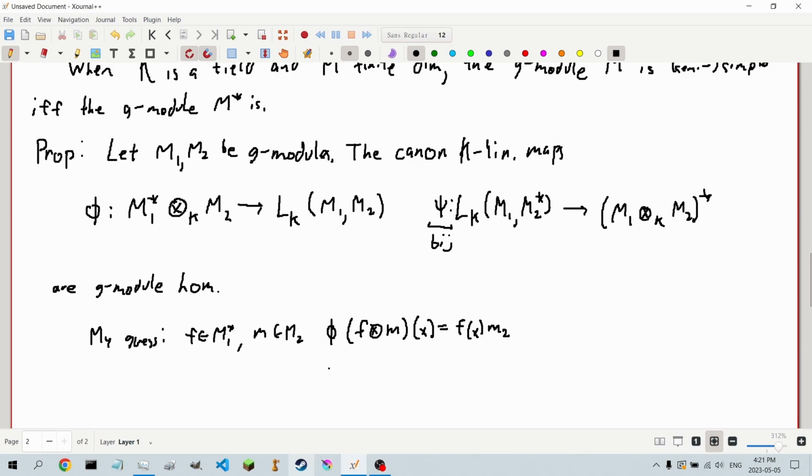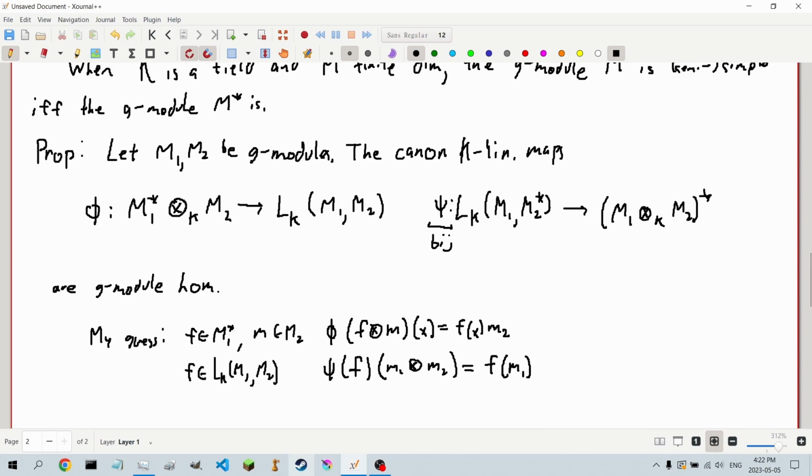And then if you have here an element F sending element of M1 to M2, this is going to be a map. This is going to act on F. Just going to send it to a linear function, to the dual space of that M1 tensor M2. Well, F of M1.